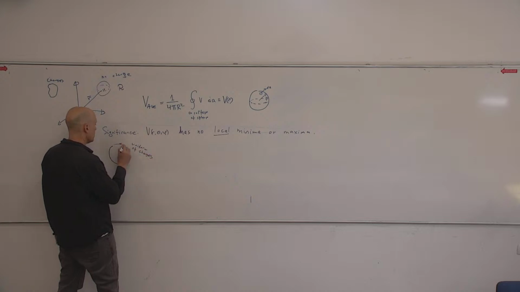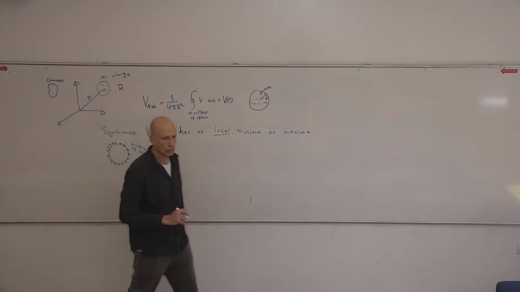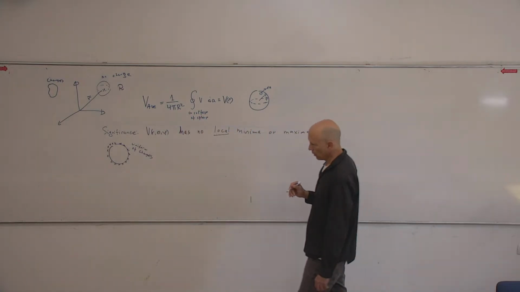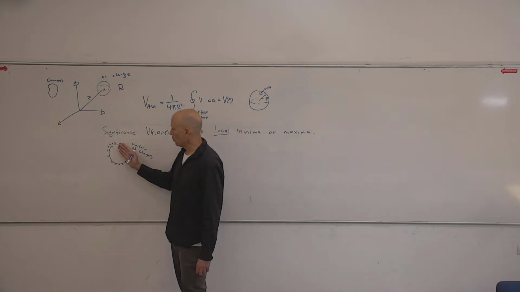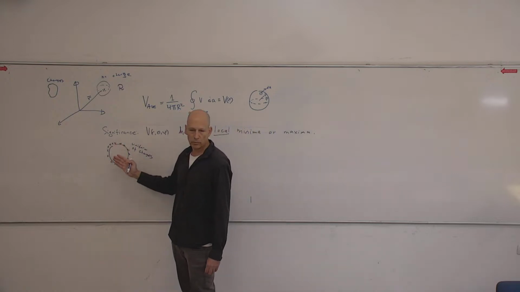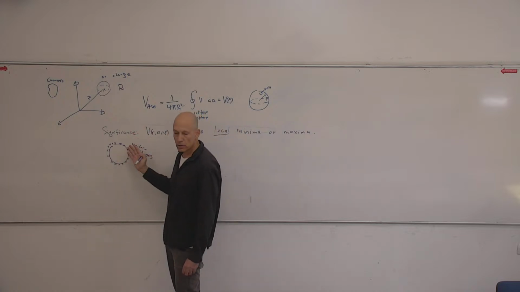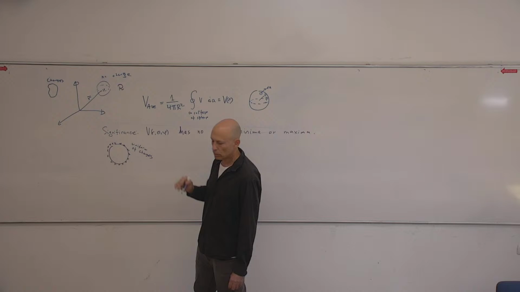This is a kindergarten exercise, right? What is the potential inside? Constant, yes. So is there a local minimum? The answer is no, because it's a constant. Maybe surprising, maybe not surprising, but this is what you all know.